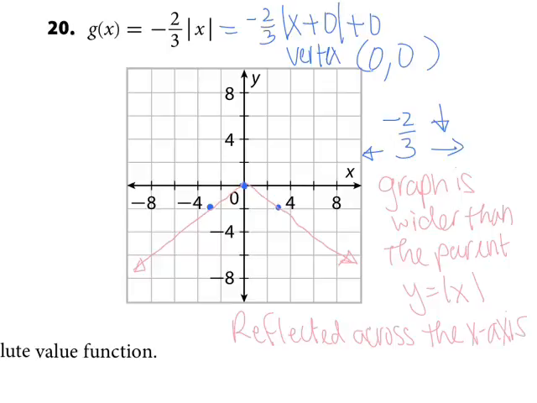Okay, and I could tell that this is reflected across the x-axis because my absolute value parent function should be above the x-axis, but since it is a negative, it is reflected across the x-axis downward. So we just call it reflected across the x-axis because the x-axis was the line of symmetry that was used in order to bring your absolute value from the top of the x-axis down to the bottom of the x-axis.